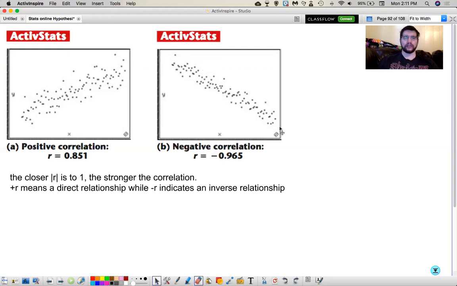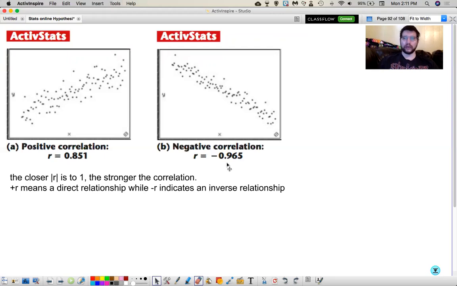You see here, this one's got the points closer together, so it's more linear. If you notice the R values, it's the 0.851, it's the 0.965. Notice I ignored the negative. The absolute value of R tells you the strength of that correlation.